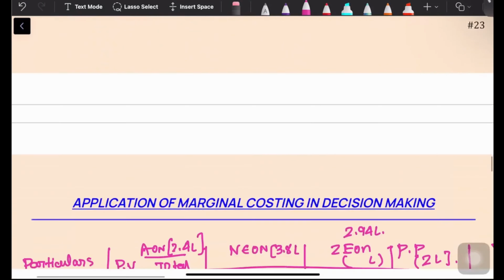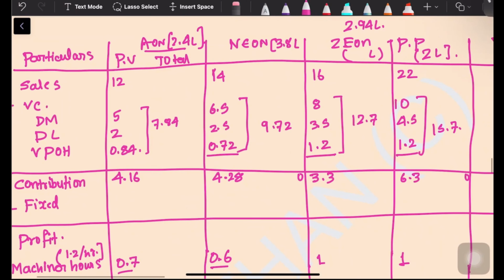This we will add in this table. So 4.16 AON into 2.4 lakh, 9,98,400. Next one, neon, 4.28 contribution per unit into 3.8 lakh, 16,26,400.